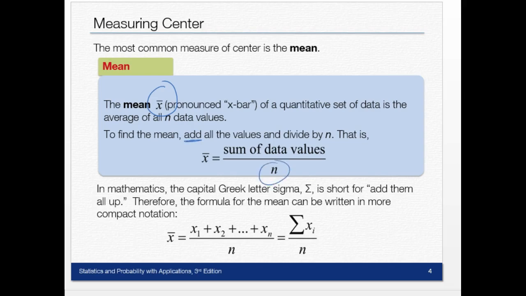That's the common average that you've done before. In mathematics, the capital letter sigma is short for "add them all up." Therefore, the formula for the mean can be written in more compact notation, looking like this. We add up all the data points and we divide by however many we had. Don't worry about this formula too much. Go with what you know as a common average, and you'll be fine.